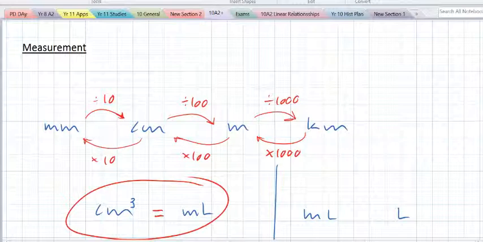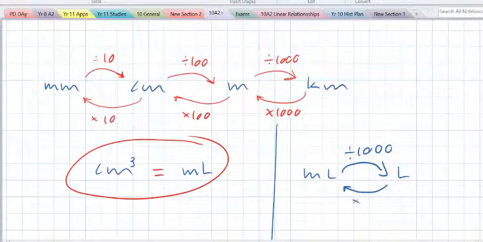And then going from millilitres to litres is divide by 1,000, and going from litres to millilitres you multiply by 1,000. This will be all essentially revision.